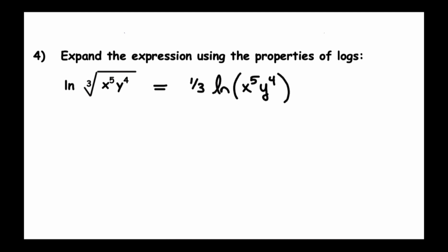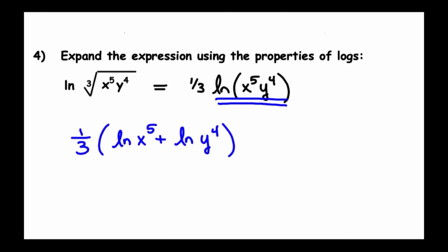Next up, let's break this up. When it says expand, we don't want any exponents. We want everything to have just pluses or minuses. We don't want any multiplications whenever possible. So I'm going to change this part right here to natural log of x to the 5th plus natural log of y to the 4th. The 1/3 will still be in front.